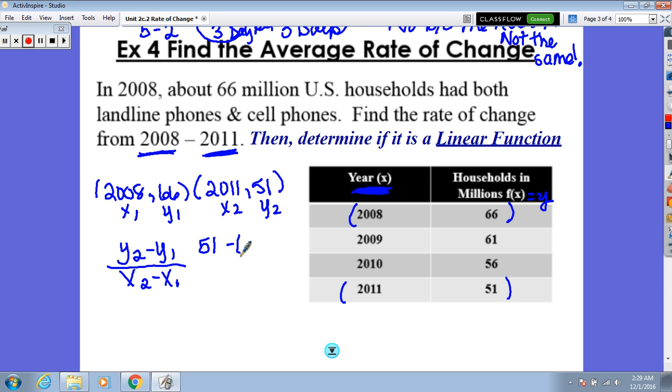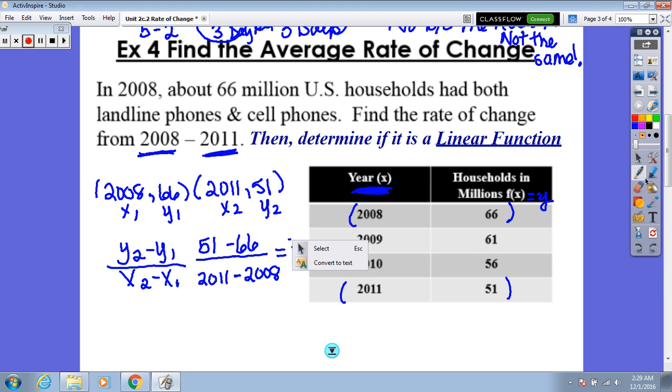51 minus 66 over 2011 minus 2008. Alright, so 66 minus 51 gives me negative, hold on a minute.